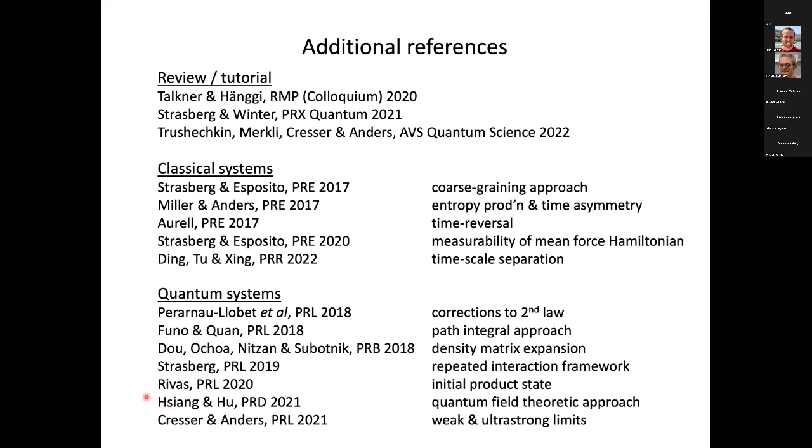Shang and Hu looked at this from a quantum field theoretic perspective, and recently Kreisner and Anders did a comparison of the weak coupling limit and what they call the ultra strong. So the strong coupling limit is what I've been describing. Ultra strong is a situation where the interaction term actually dominates over the internal energy of the system of interest, and you get some very nice results there.